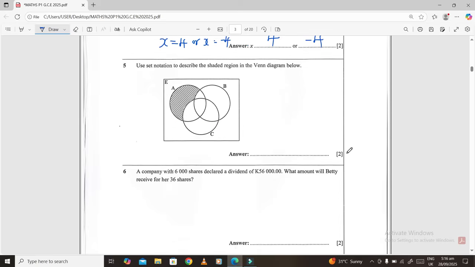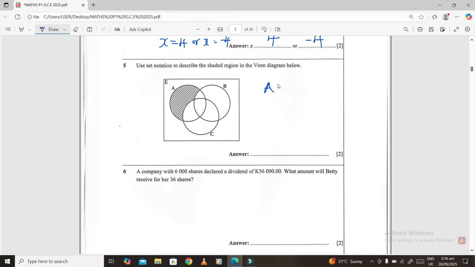We go to the next one here, use set notation to describe the shaded region in the Venn diagram. So just by looking, you can tell that, of course, A is involved. Okay, not complement, but A is involved.